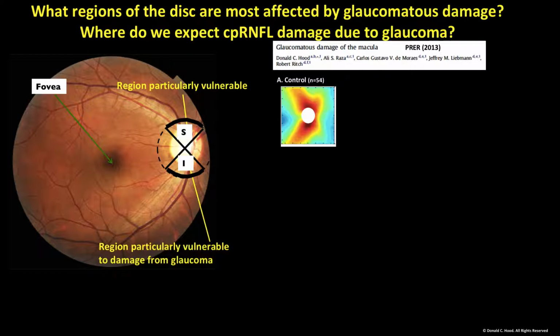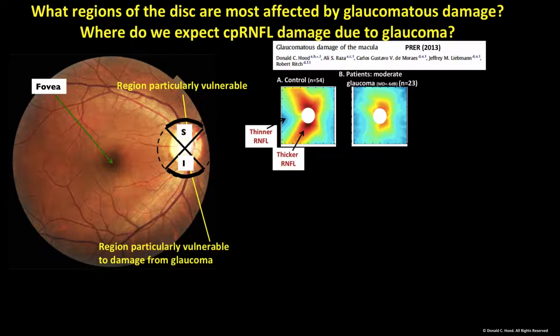Here is retinal nerve fiber layer thickness for some healthy control eyes. So blue is thinner retinal nerve fiber layer, red is thicker retinal nerve fiber layer. Here are the average results for a group of patients with moderate loss as defined by the 24-2 mean deviation.